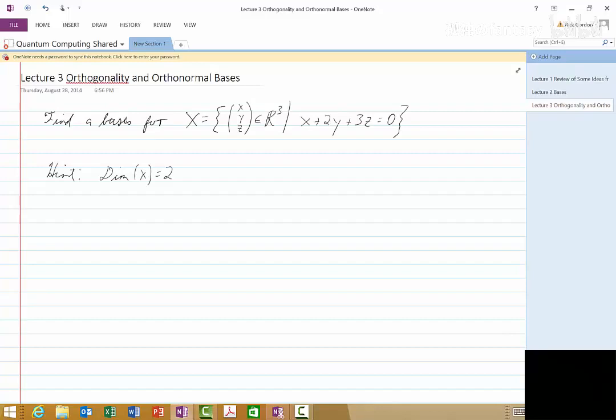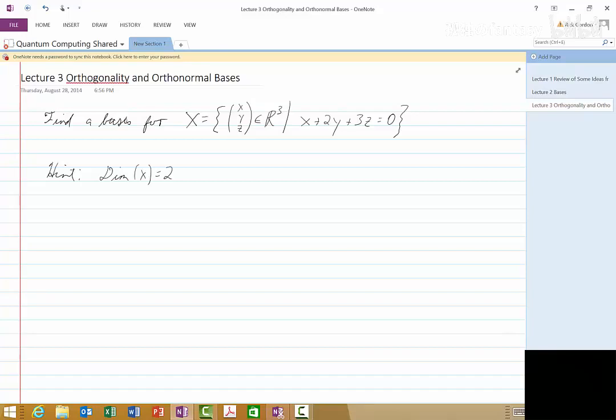So in this case, we're looking for two vectors that will form a basis for X. In other words, we're looking for two vectors, let's call them v1 and v2, and these must have the property that any vector in X can be written in terms of those two vectors.